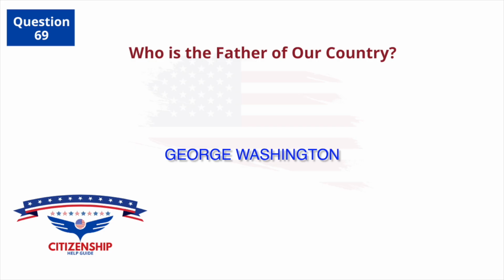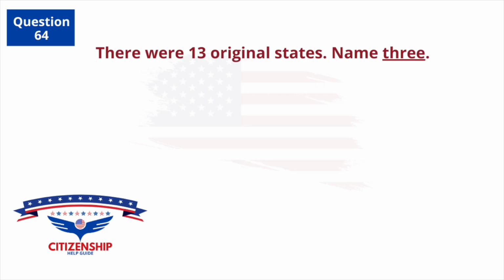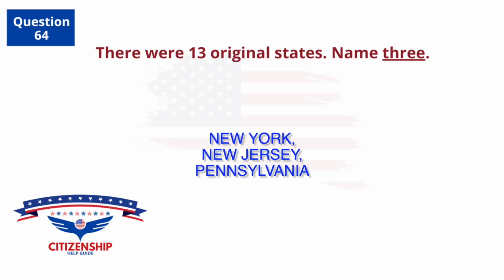George Washington. There were 13 original states. Name 3. New York, New Jersey, and Pennsylvania.